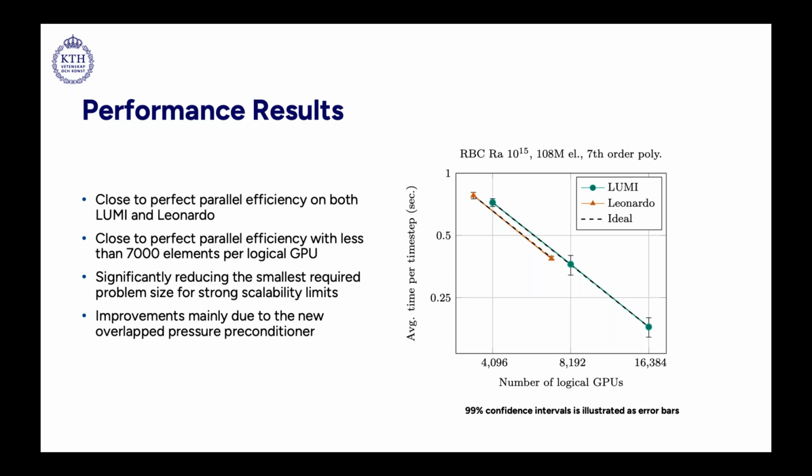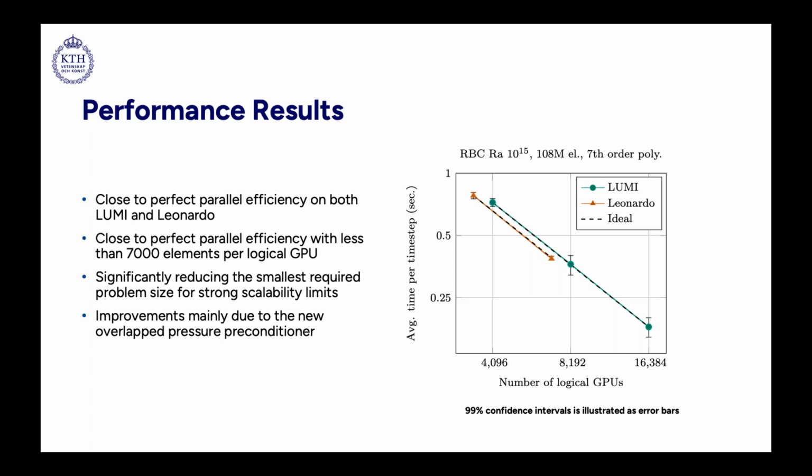And this really means that we can scale out to larger scale and be that efficient. Most of these things are mainly due to this new overlap preconditioner and how we managed to tune it, based on the numerics and the hardware.